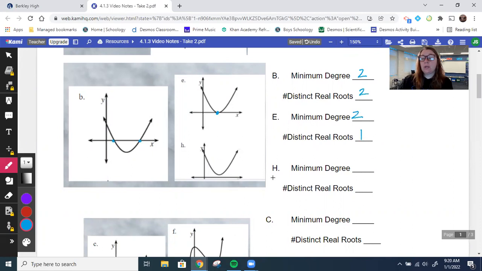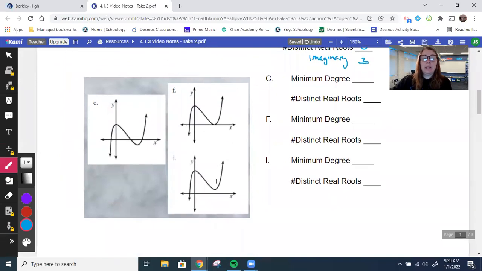It has 1 distinct root, but it's bouncing, and so it's a double. Okay, so that's how looking at that we can know it's a degree 2. That's a double. All right, this one still degree 2, but in this case, it's never hitting the x-axis. So it has no distinct real roots. So that means because the degree is 2, it must have 2 imaginary roots.